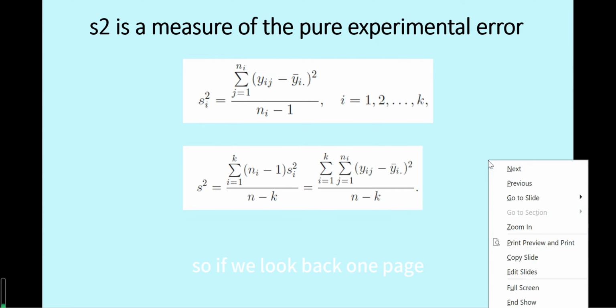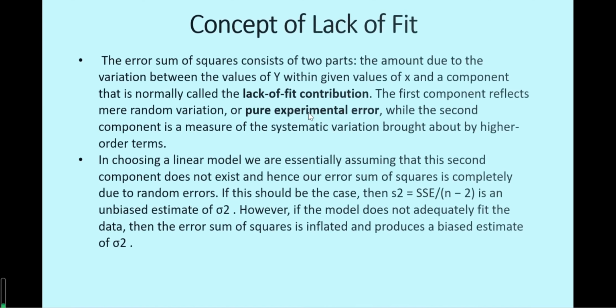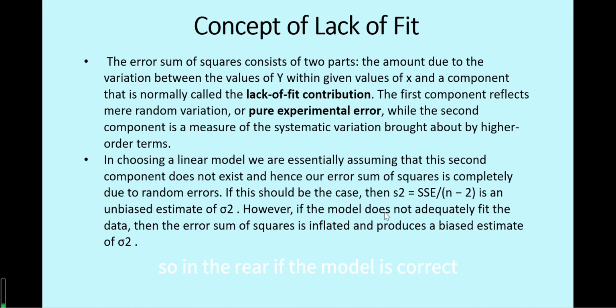So if we look back one page, if the model is correct, then all the S square comes from the pure random error. And this term will actually equal SSE divided by n minus 2. SSE comes from the sum of squared errors, using the difference between observations and fitted values.